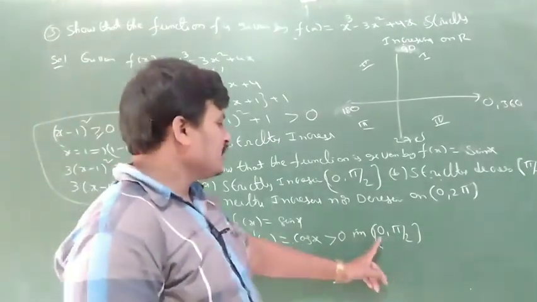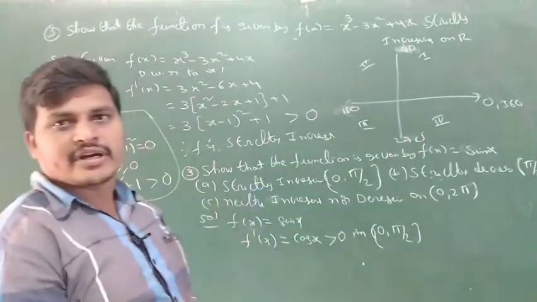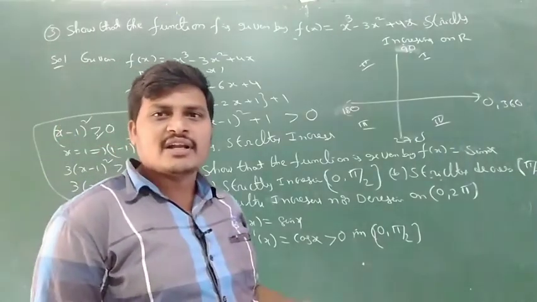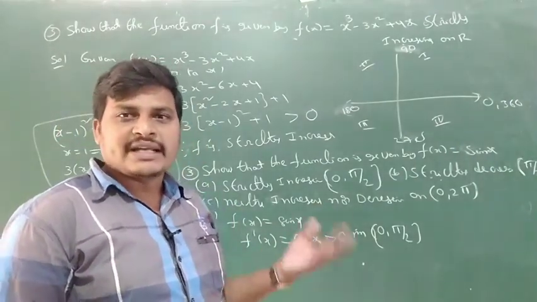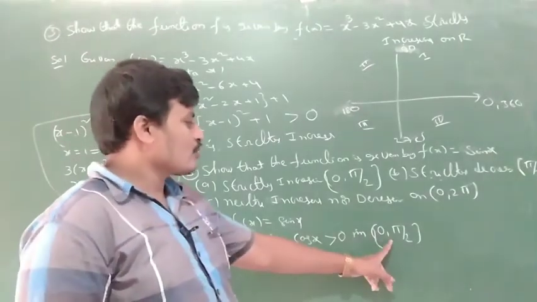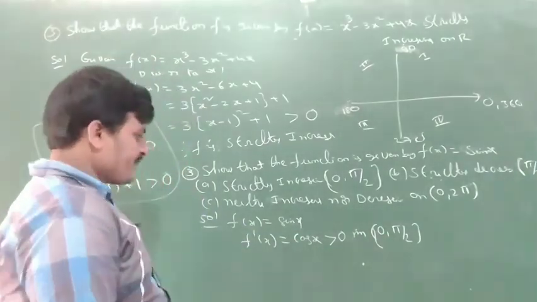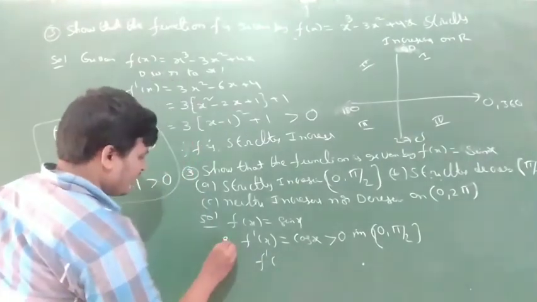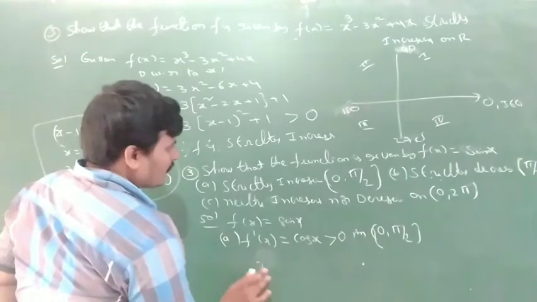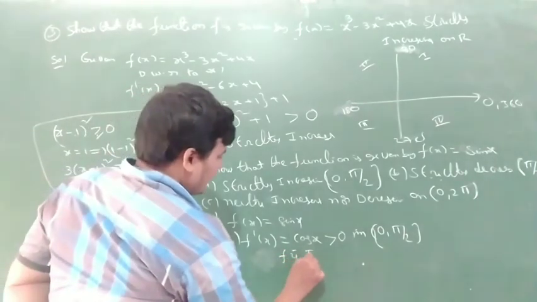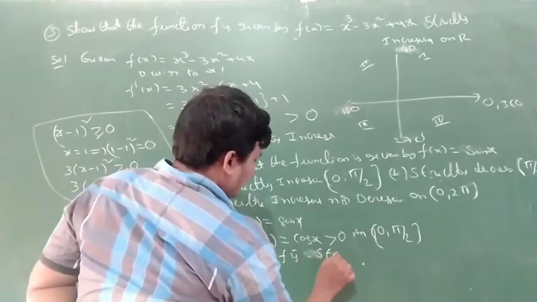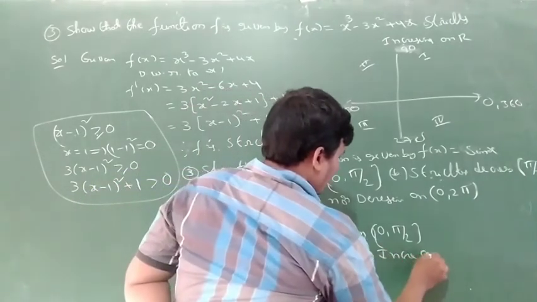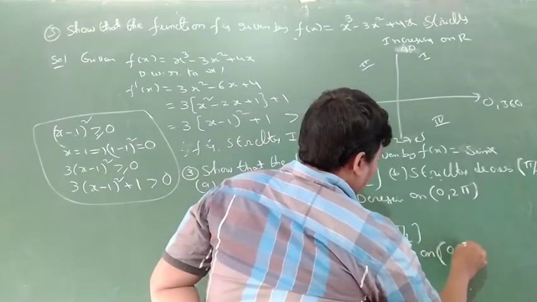Once again, 0 to pi by 2 means which quadrant? First quadrant, where all are positive. Positive means greater than 0. So f dash is greater than 0, so f is strictly increasing on 0 to pi by 2.